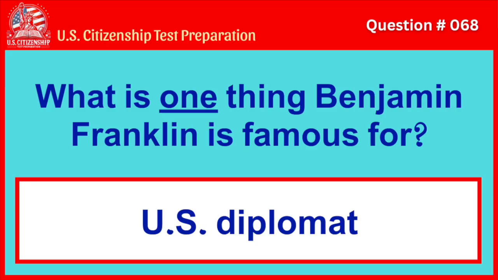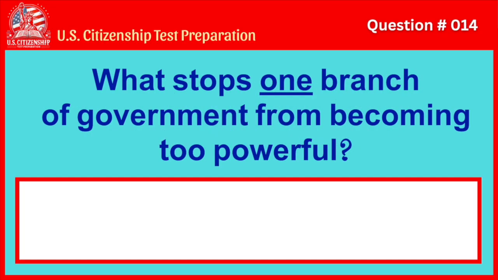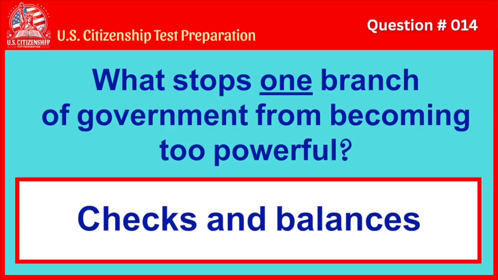U.S. diplomat. What stops one branch of government from becoming too powerful? Checks and balances.